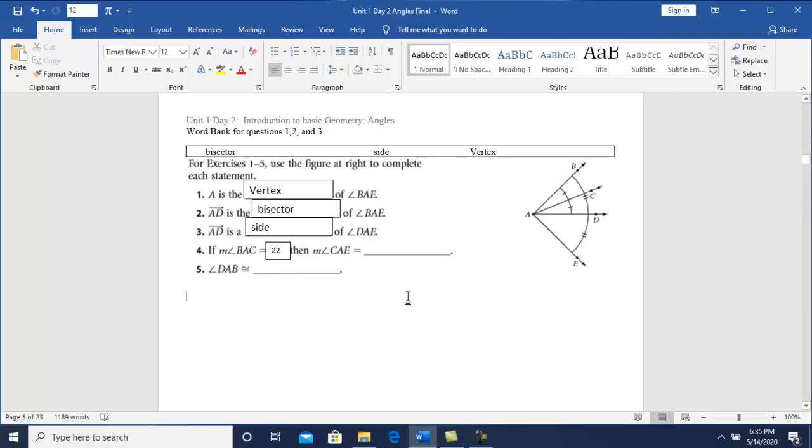So we're going to say the measurement of angle BAC is going to be 22 degrees, and then the measurement of angle CAD is going to equal 22 degrees.